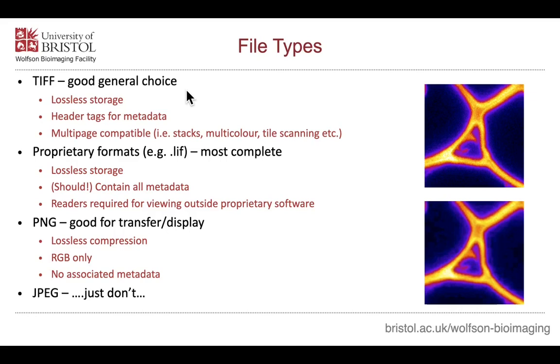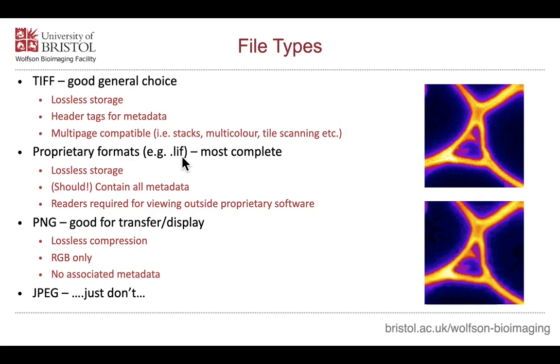Proprietary formats are the most complete. For example, most of our microscopes are Leica microscopes, so they save in a .lif file. They will provide lossless storage. They should contain all the metadata, not always, but they should really contain all the metadata. However, they're proprietary, so they require readers for viewing outside of Leica software.